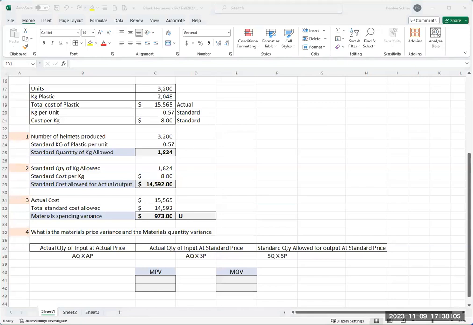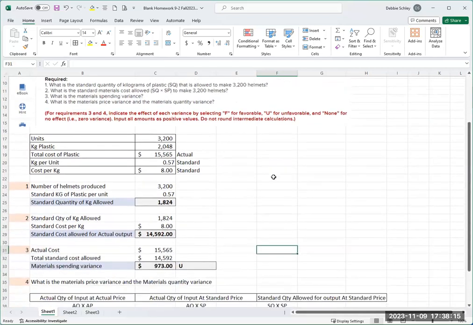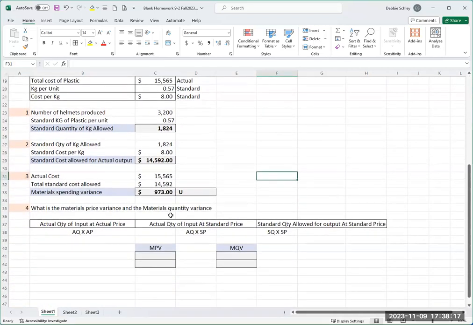What is the material's price variance and the material's quantity variance? So this is straight from the book where they have actual quantity, actual price, actual quantity, standard price, standard quantity, standard price.